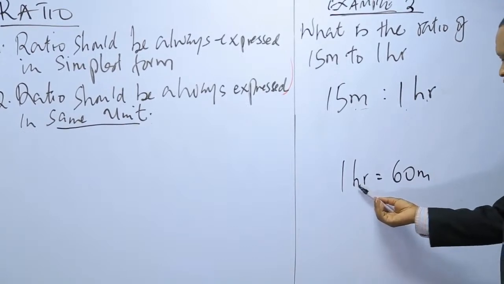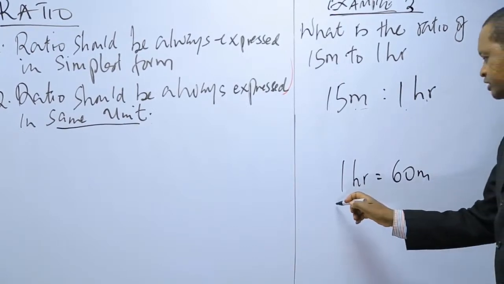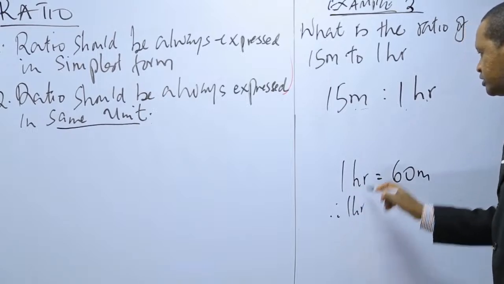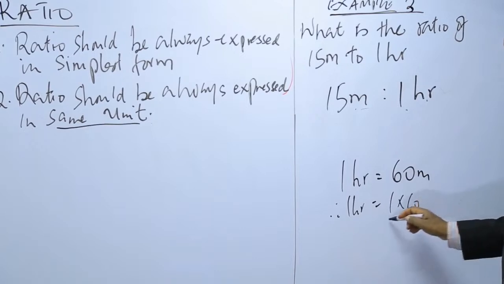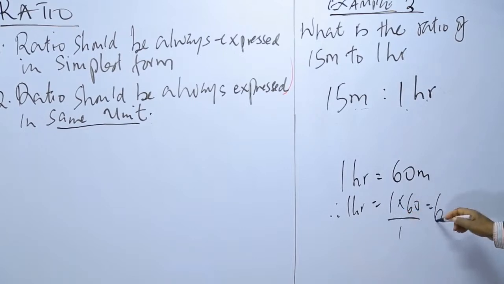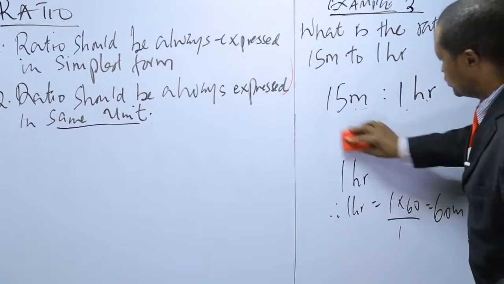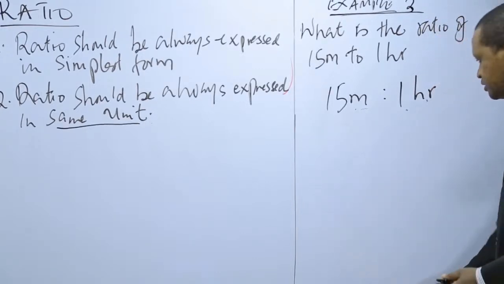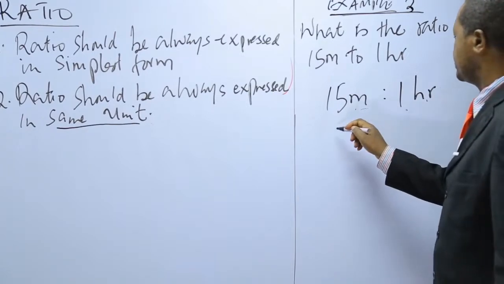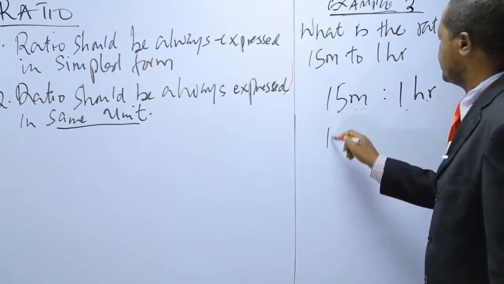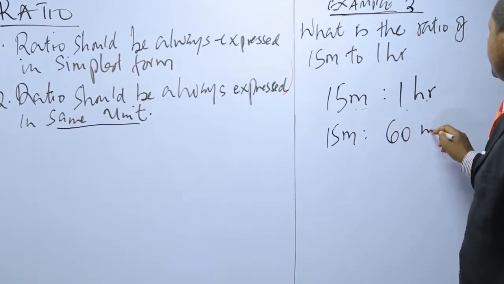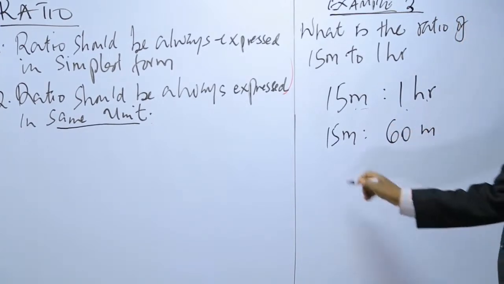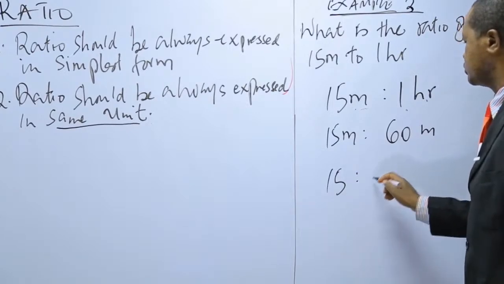Therefore, this 1 hour will be equal to 1 times 60 over 1, which is equal to 60 minutes. So the ratio can be rewritten as 15 minutes to 60 minutes. 15 to 60.